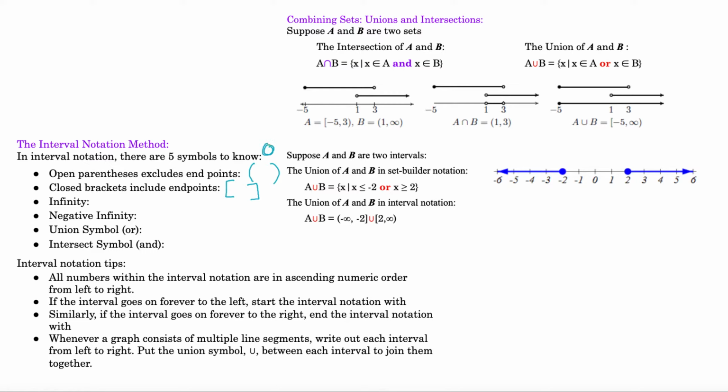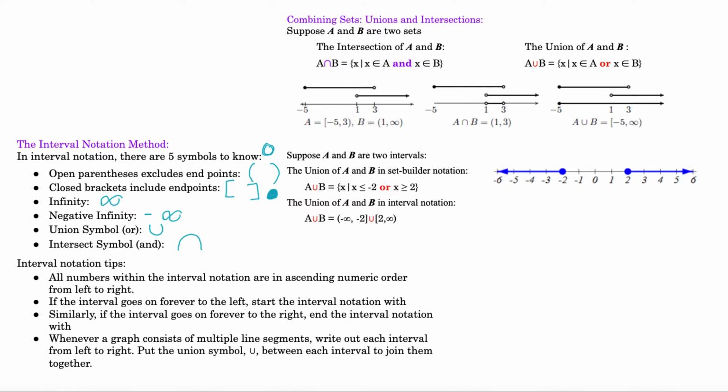Many of us have much experience with open and closed circles. Also within interval notation, we can use positive infinity and negative infinity. We sometimes utilize the union symbol, which is just a big U, which symbolizes the word or. And then the intersect symbol, which is an upside down U, which represents and.